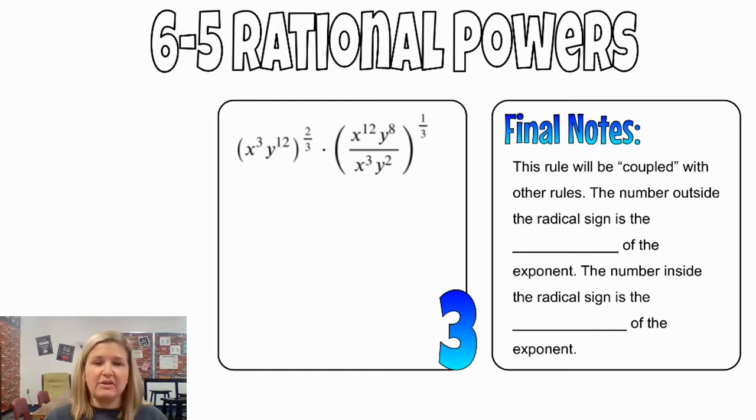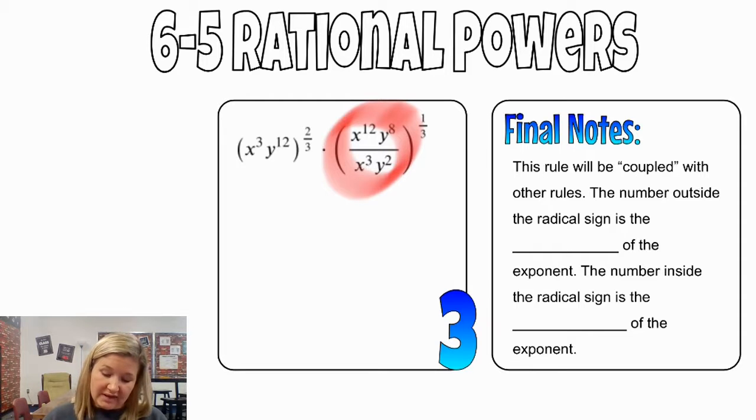All right, so you'll see here that I have a little bit more involved problem. I'm going to take x to the 3rd, y to the 12th to the 2/3 power. And then I have a division problem that I'm going to take to the 1/3 power. What I'm going to do first is simplify inside this parentheses by dividing.